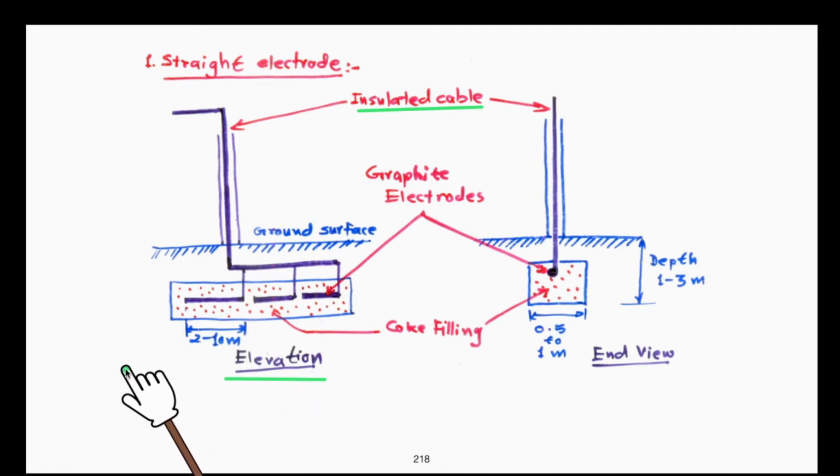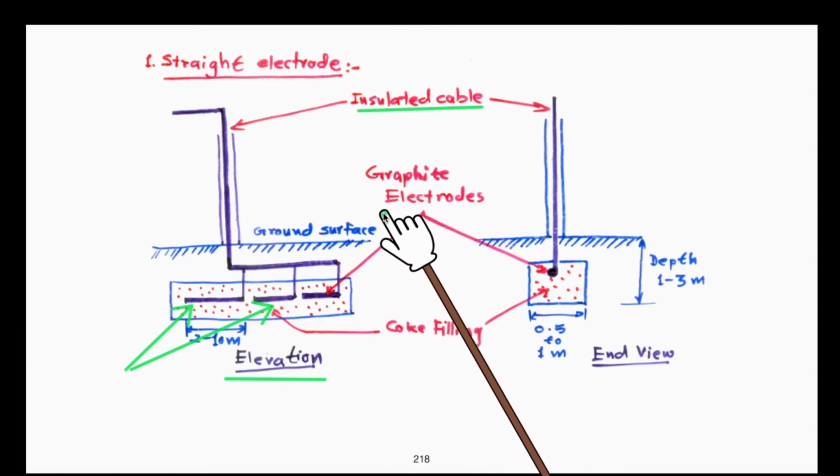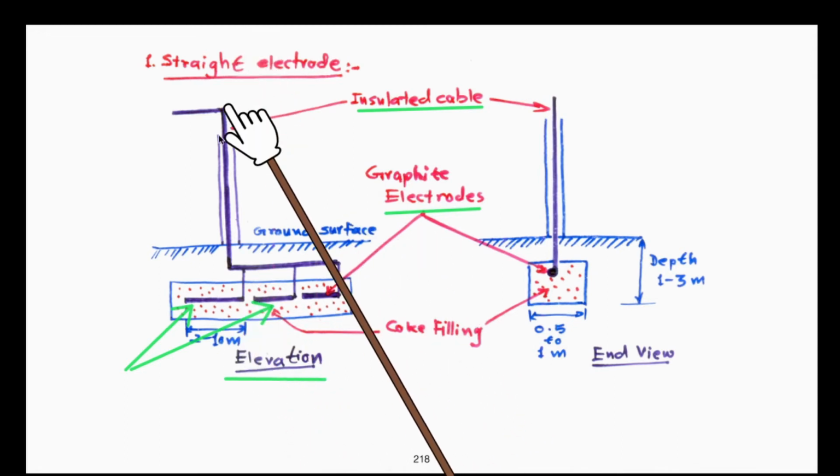So focus your attention down under the earth surface, right? These elements are visible, isn't it? One, two, like this. What are these? These are actually the graphite electrodes. They don't represent a single straight electrode.